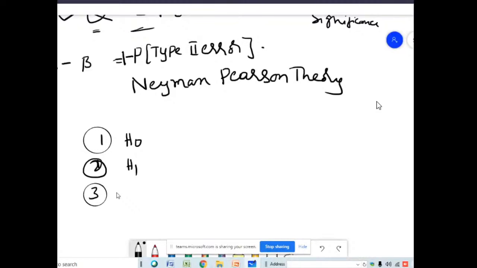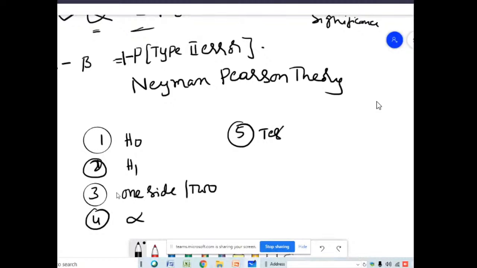Next we have to identify whether it is a one-sided hypothesis or a two-sided hypothesis, then choose the alpha value, and then identify the appropriate test statistic, that is, the suitable test for the given hypothesis to be tested, and we are calculating the value.